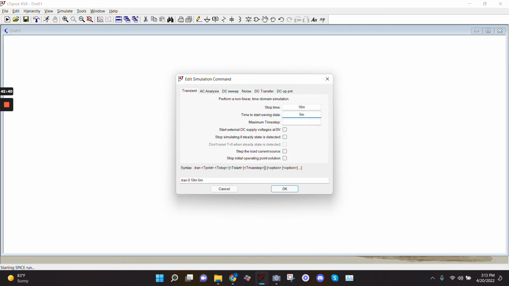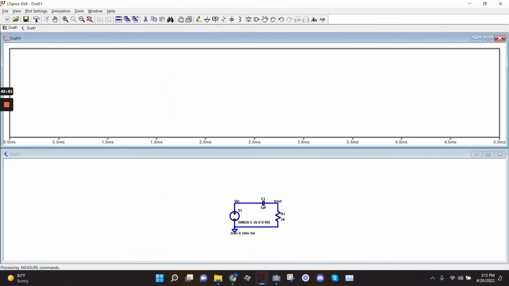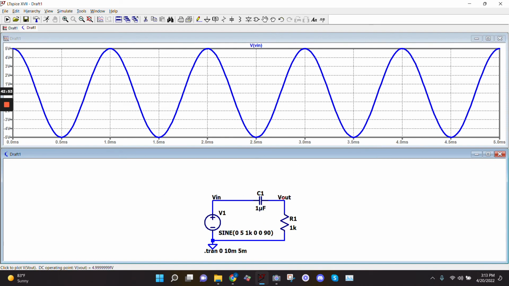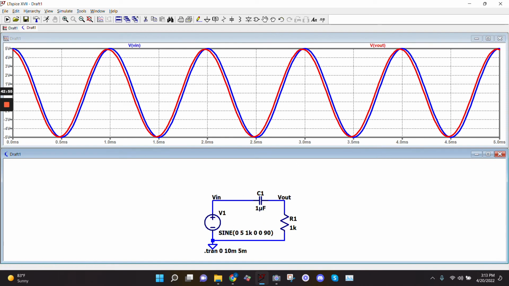It'll skip that initial startup. It's basically getting the capacitor charged to where it'll operate most of the time, but that startup is because of the initial conditions and whatnot. So if I run it now, we won't see any weird behavior like that, right? Okay, so that's my output.